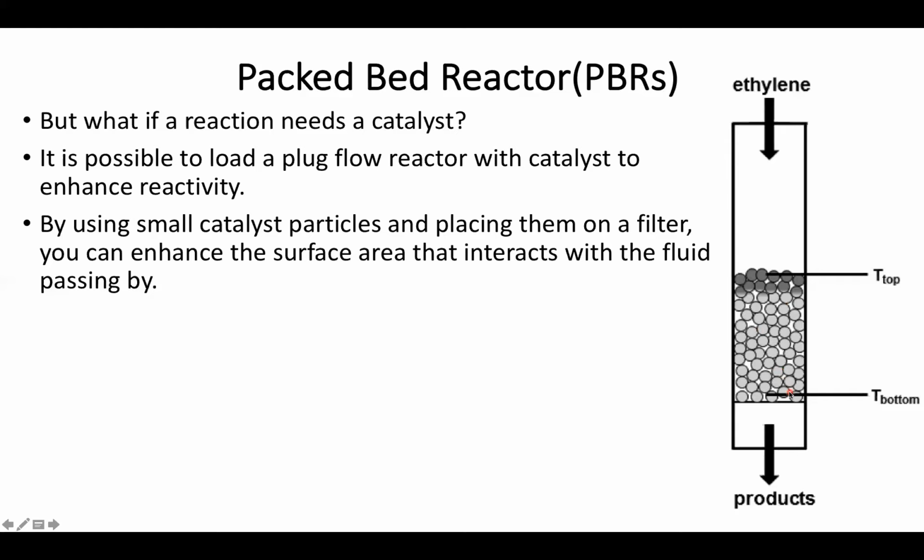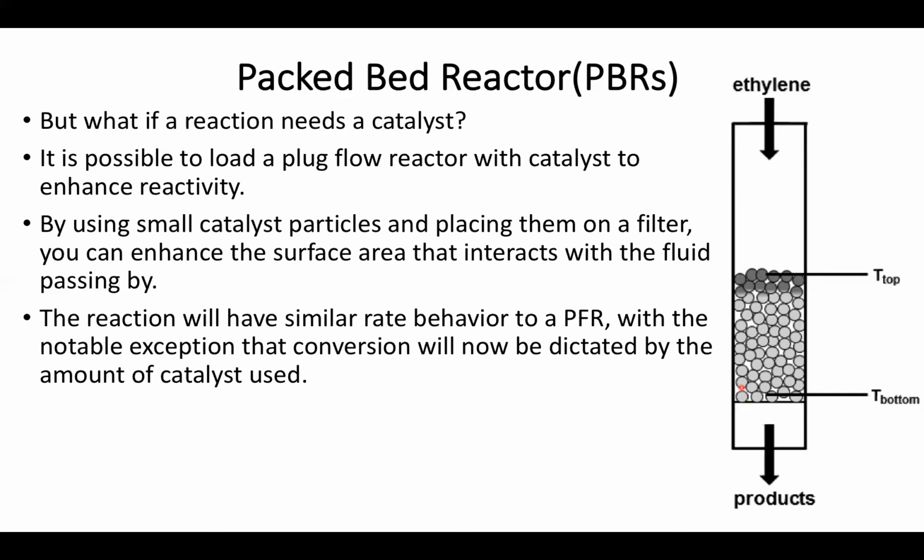However, if construction constraints mean that you need to flow your system horizontally, it is also possible to suspend your catalyst in between two filters, which should hopefully keep all of the catalyst in place, but does occasionally result in some poor mixing issues.